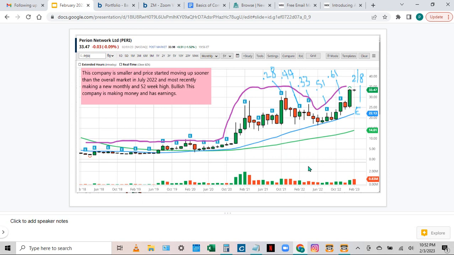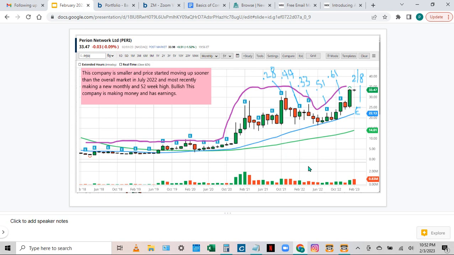So it was on its own page versus the market, where the market sold off all year. This one did not. The market went up in November and sold off in December, and this one did not. So that's probably my third piece of advice for you guys as far as what to invest in. Look for stuff that's outperforming.